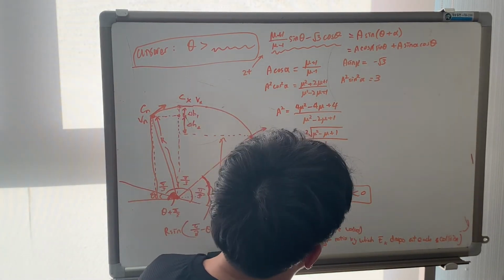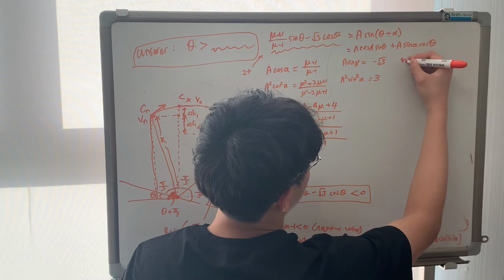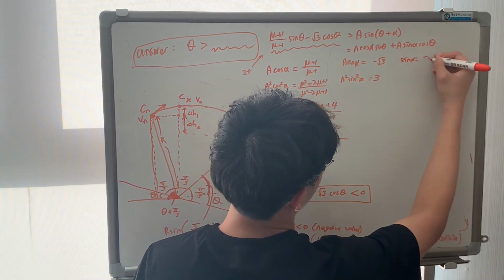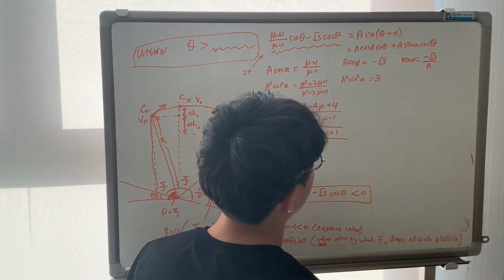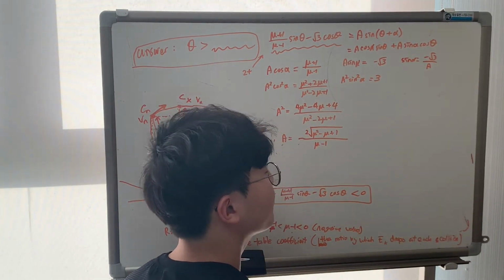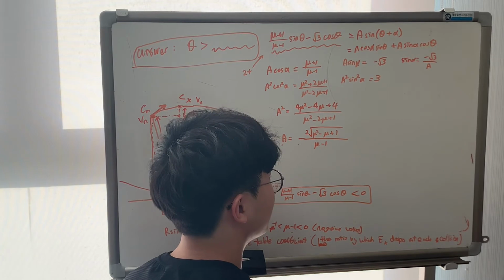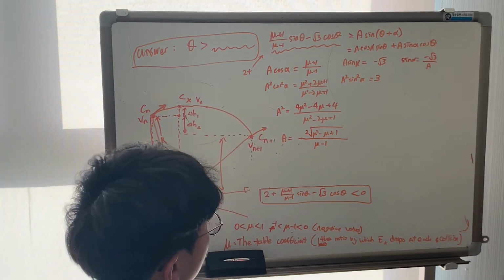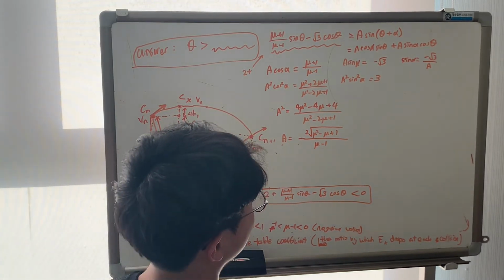So we know a, and we know that sine alpha from that equation is minus root 3 over a, which means that the fact that sine alpha is a negative value means that, oh wait, okay, let's just do this first.